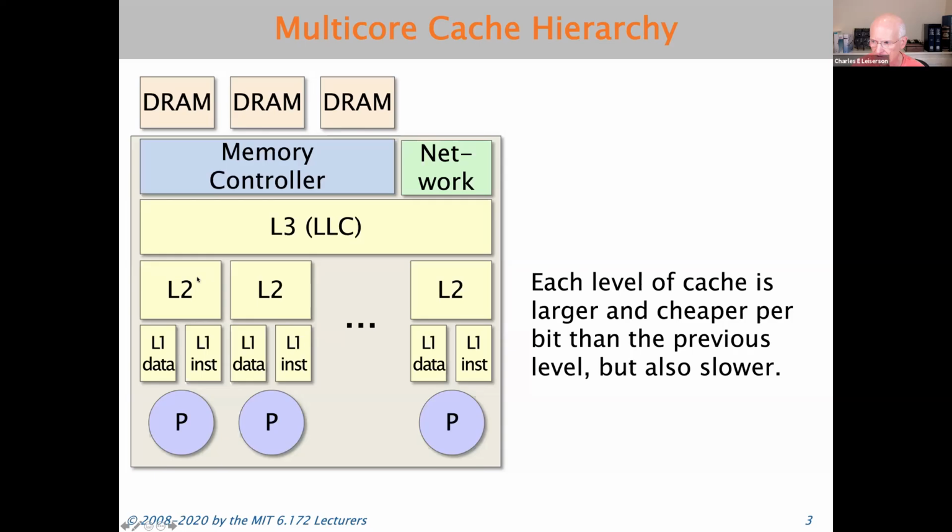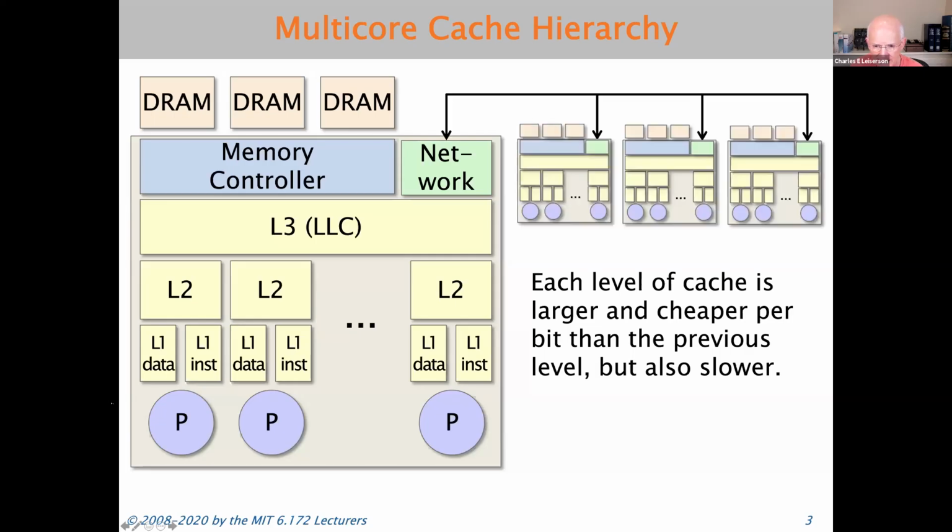And if it's not there, it looks in L3. And if it's still not there, it goes off the chip to look in DRAM. And once the correct data is found, the memory system moves the data and all the other bytes in the cache block back down through the hierarchy, back to the processor.